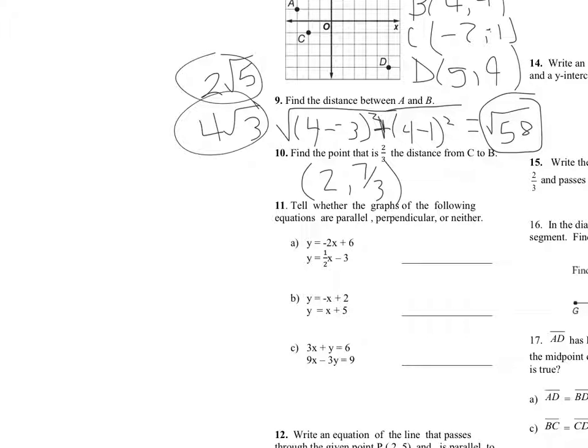If you're going to start with C, you're going to have -2 plus, it's a 2/3 fractional distance. So 2/3, and then absolute value of x2 minus x1. So that's going to be 4 minus -2.